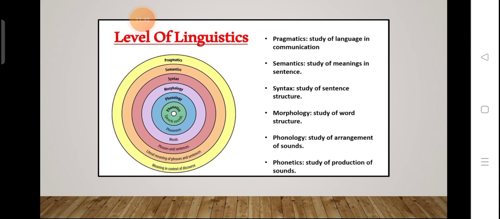And this knowledge that is gained through language, or attained in linguistics, has many practical applications.